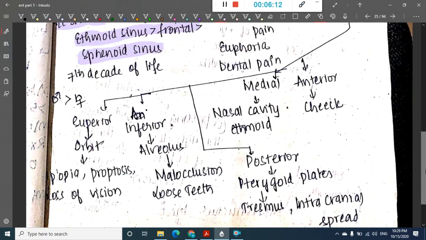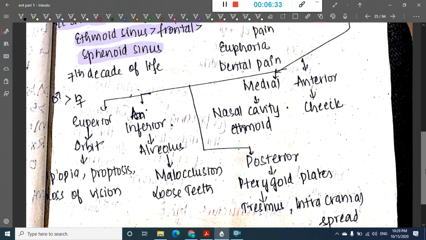There are some late symptoms. When it is in the maxillary sinus, if it spreads anteriorly, it will involve the cheek. If the tumor spreads medially, it will involve the nasal cavity and the ethmoid. If it spreads inferiorly, it involves the alveolus, and thus can cause malocclusion and loose tooth.